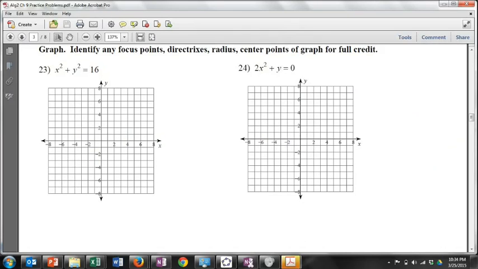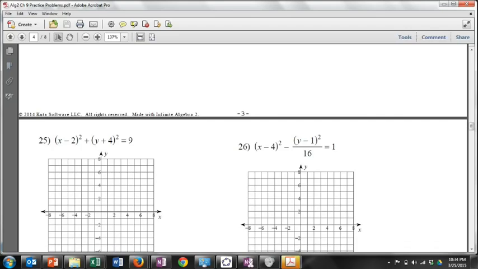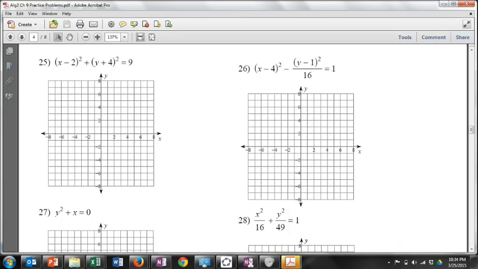Let's go on here. Next one to graph out, number 25. This is a circle. We see the plus sign. We see that the coefficient is 1, 1, and our radius is square root of 9, which is 3.